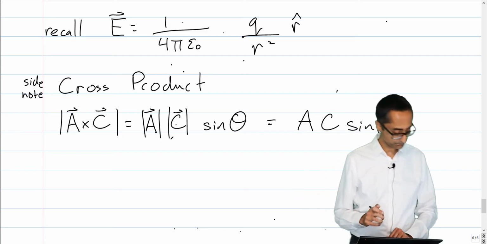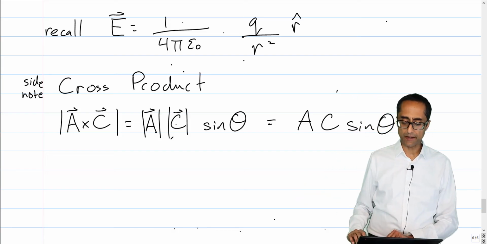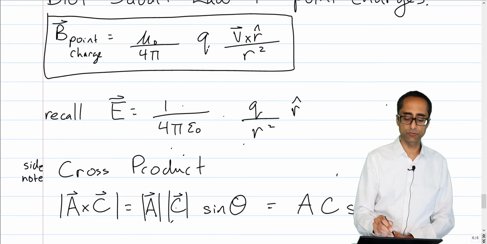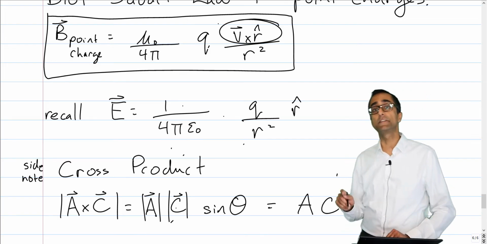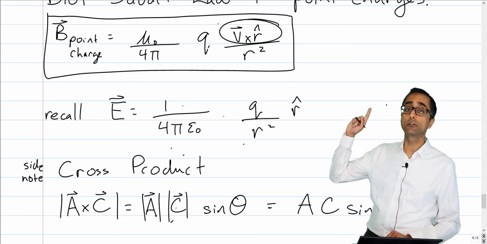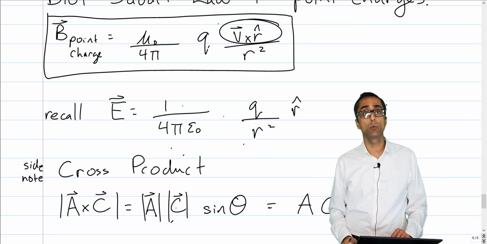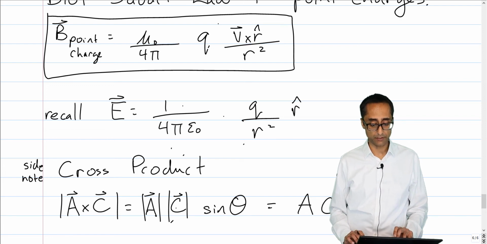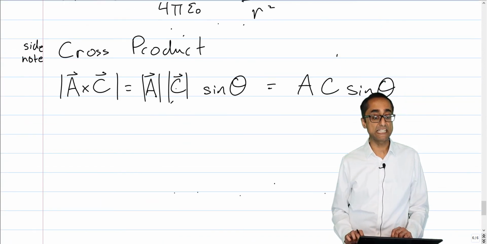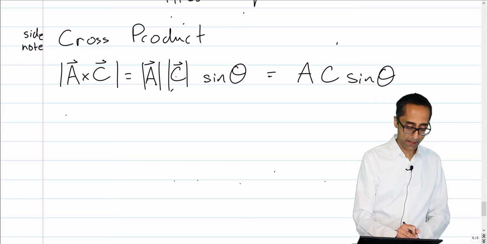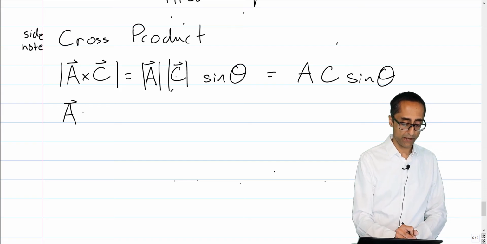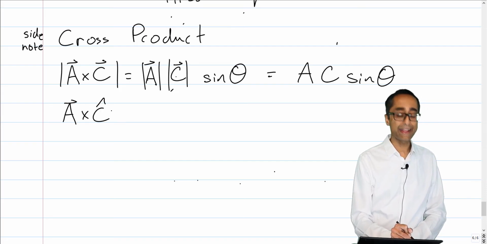Pretty good. But notice that our equation here that we're going to be using in just a second is V cross R hat. Now if we have V cross R hat, then we have to be able to deal with the unit vector. Unit vector actually makes it easier. So let's see what happens if we take the cross product of a random vector with a unit vector. Well, we do the same thing.